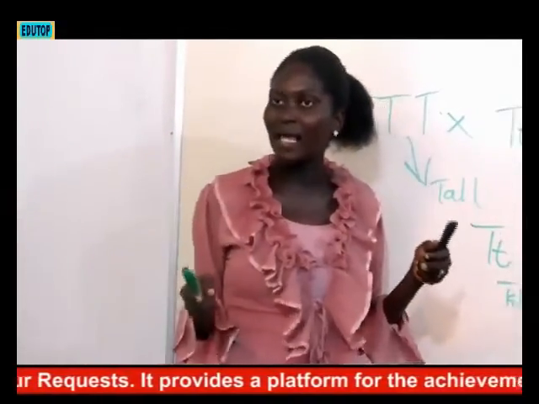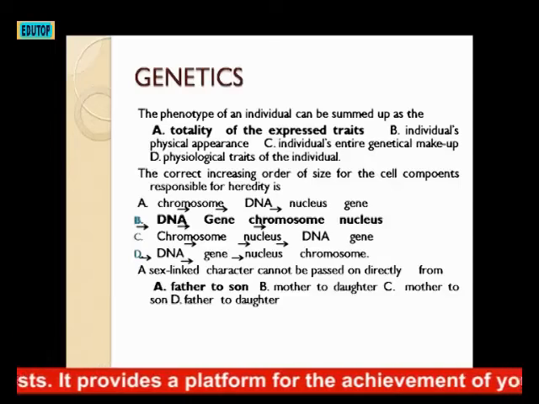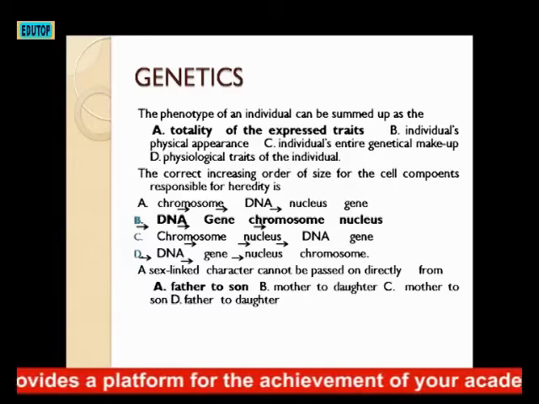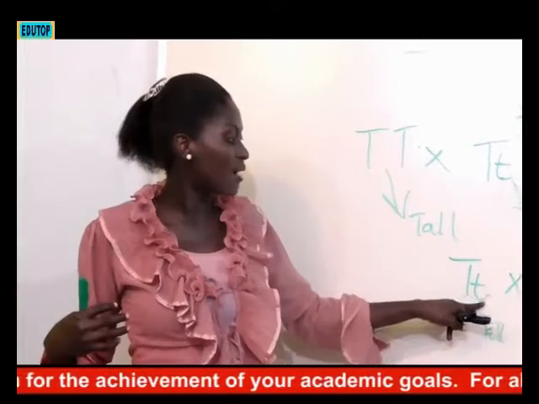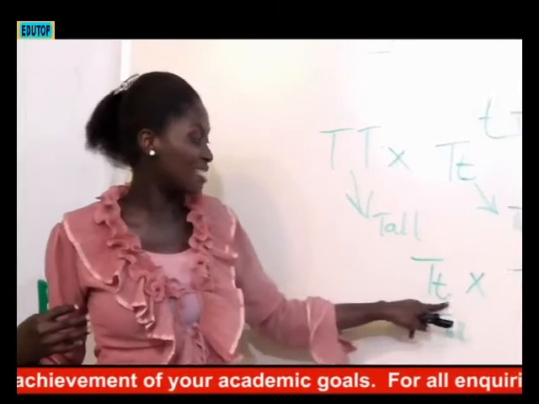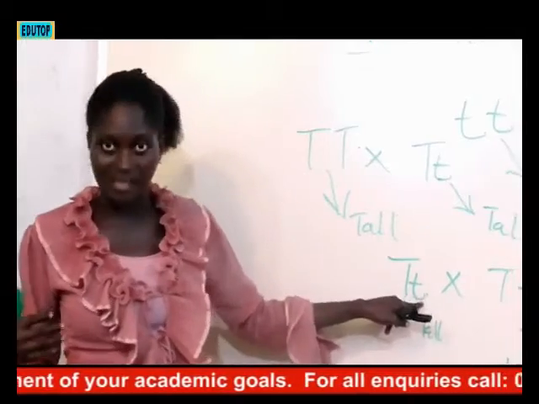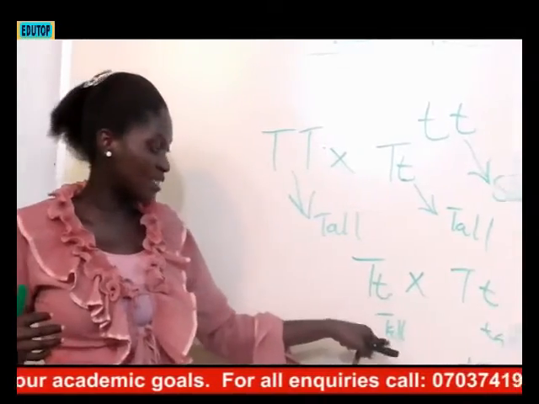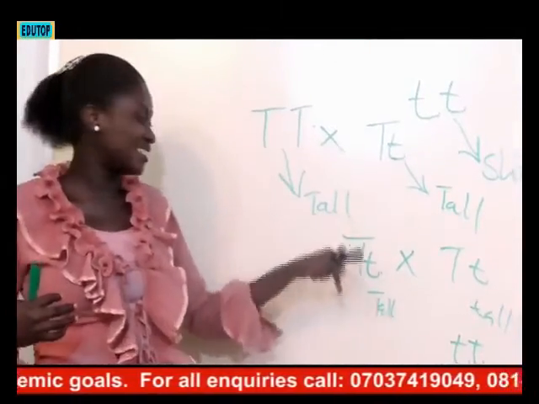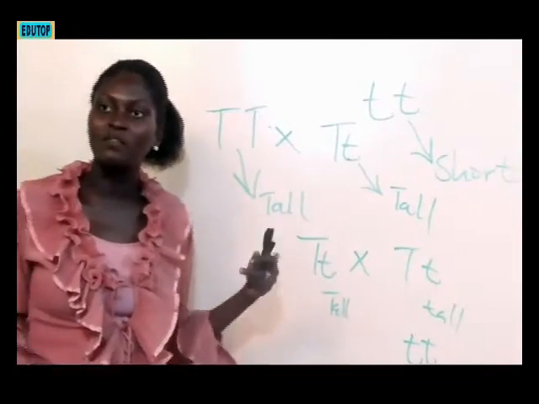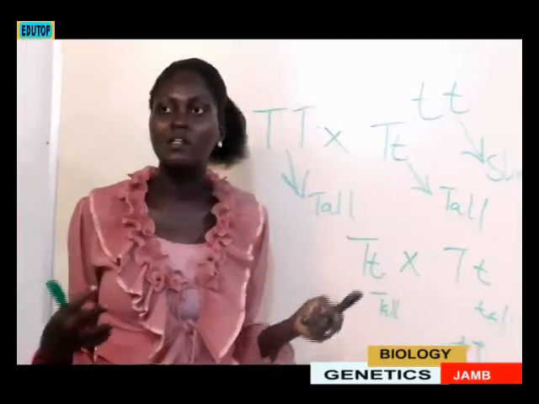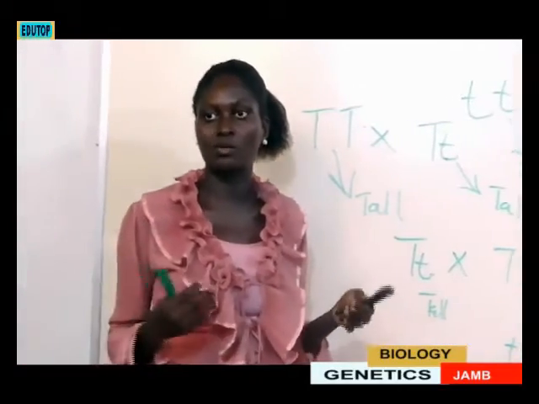So our answer is the totality of the expressed trait, what you can see. Even though this person is carrying this recessive gene, this gene of shortness, what is expressed is tall. So this is the phenotype. So the phenotype of an individual is the totality of the expressed trait, option A.